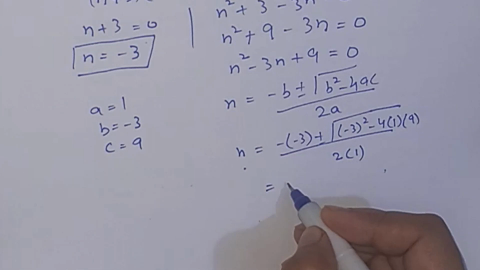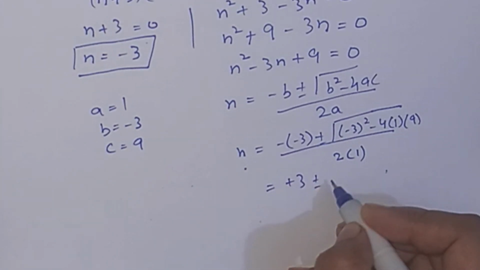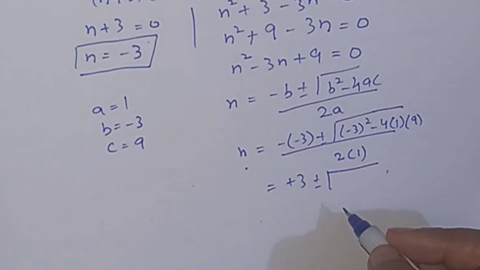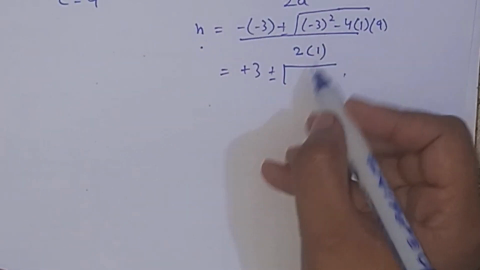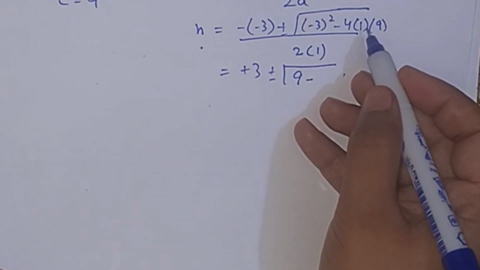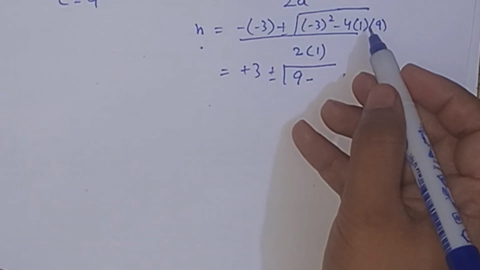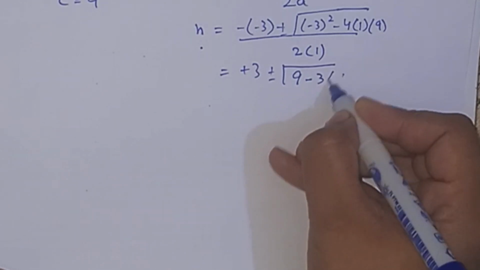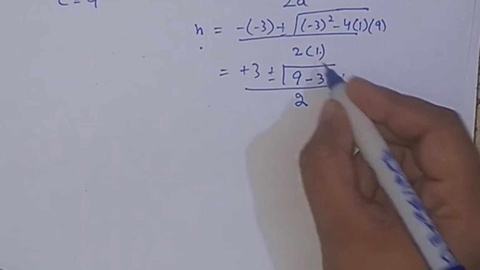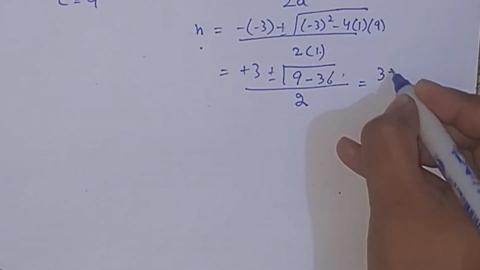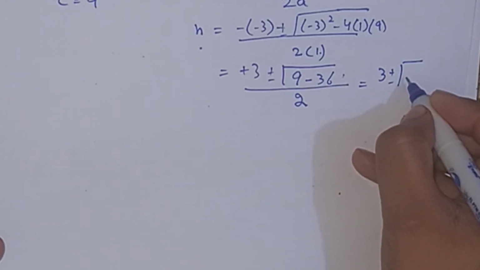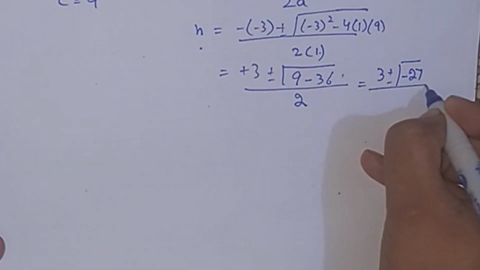So minus minus will become a plus 3 plus minus, and minus 3 square will become a positive 9, minus 4 multiplied by 1 gives 4, multiply this 4 by 9, we get 36, over 2 ones are 2. Now we simplify this. This is 3 plus minus square root of 9 minus 36, which is minus 27, over 2.